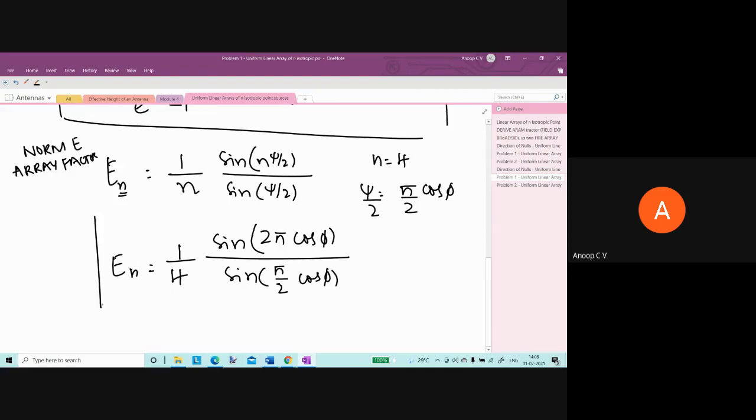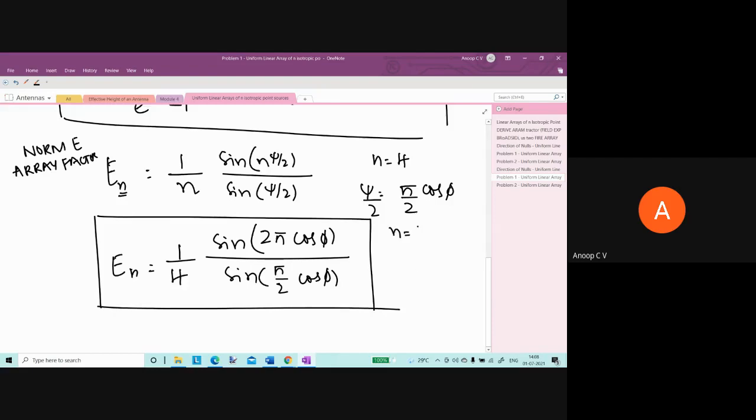So this will be the actual normalized field pattern for n equal to 4, a broadside array with spacing d equal to λ/2. This is the normalized field pattern.